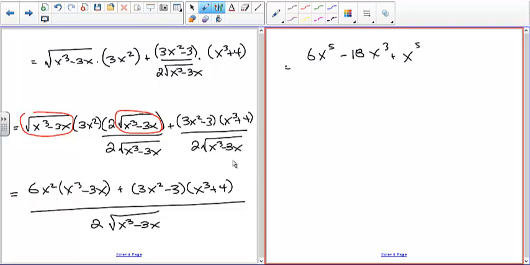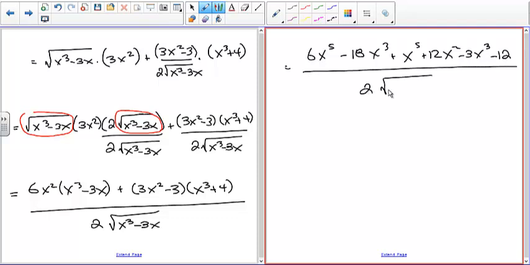Outer is 3x squared times 4, so that's plus 12x squared. We'll have minus 3x cubed from the inner, negative 3x cubed, and then we'll have negative 3 times 4, which is negative 12, all divided by 2 times the square root of x cubed minus 3x.